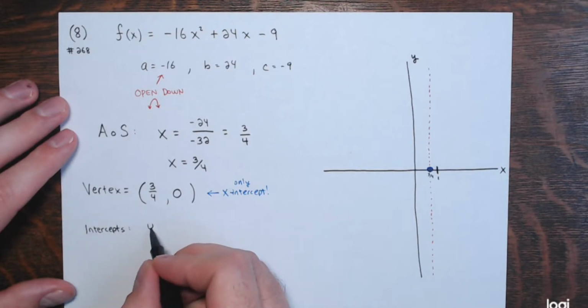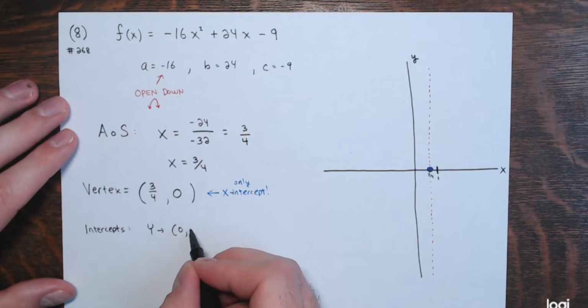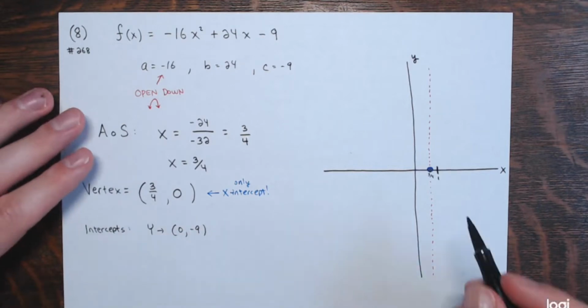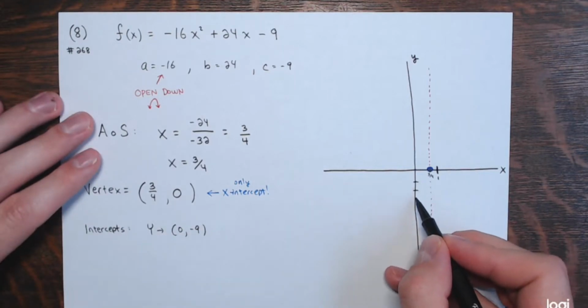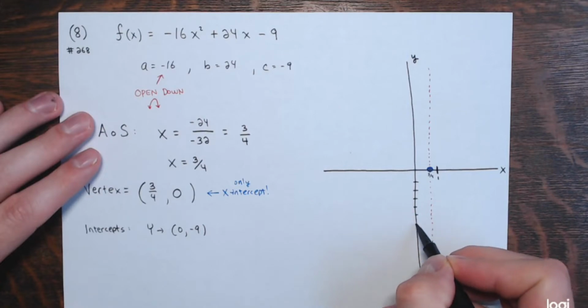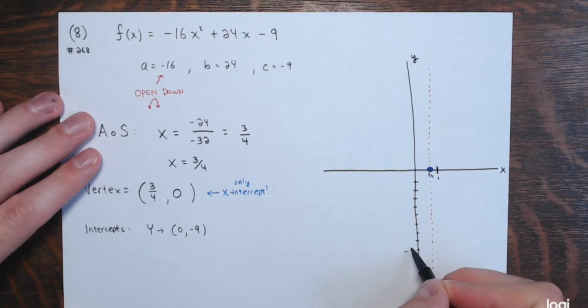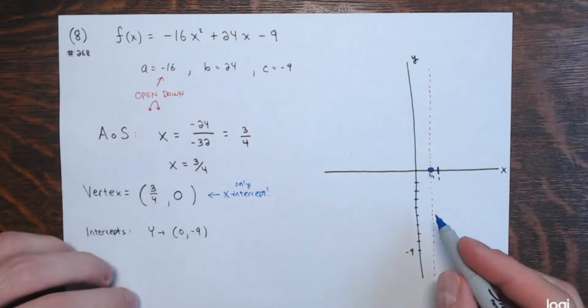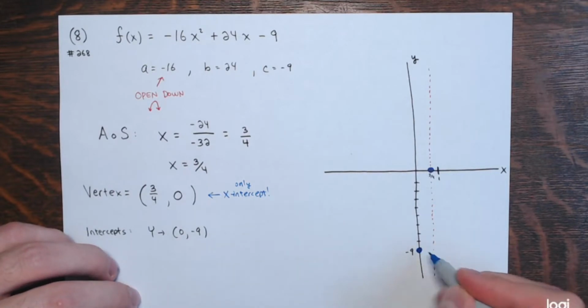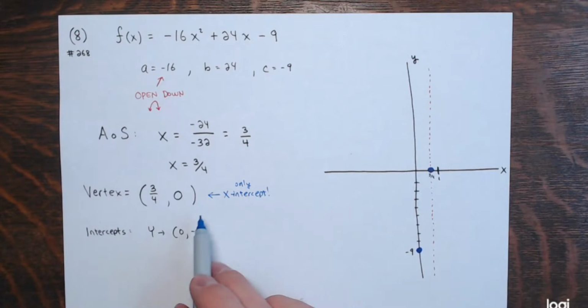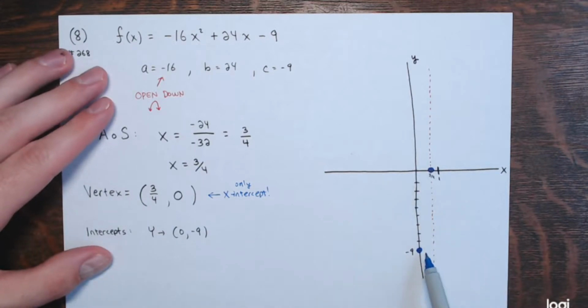So the y-intercept, again, very simple, would be at 0, -9. And again, I already know the x-intercept. So now I'm just going to use symmetry. Now, don't forget, this is a fraction. Right? 0, -9, that's 3/4 units away from the axis of symmetry.